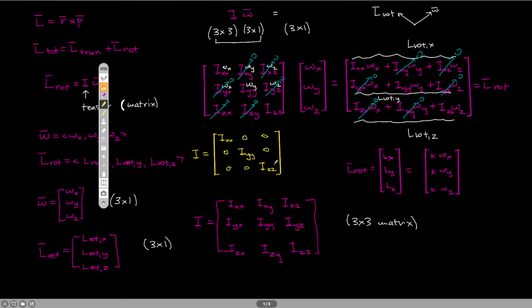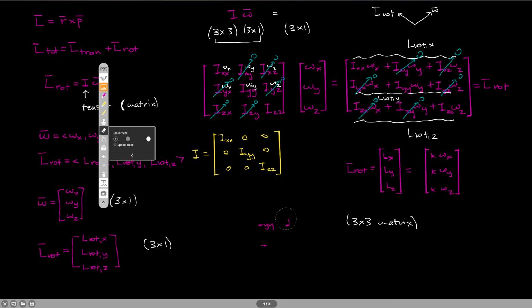In that case, if your angular velocity points in one of those three axes, then your rotational angular momentum will point in the same direction. Let me show you what I mean with that.